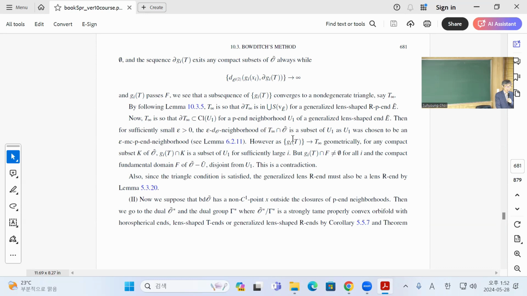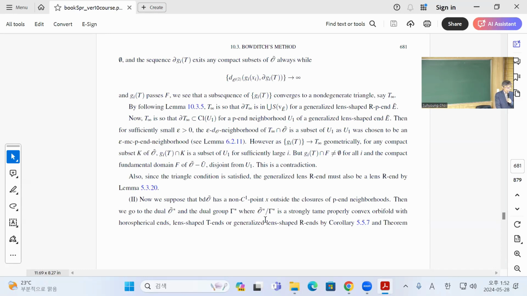But gi goes to infinity, and we said these always pass through some fundamental domain outside this ui. So this gives you a contradiction. Okay, right. So the key point will be this lemma here.